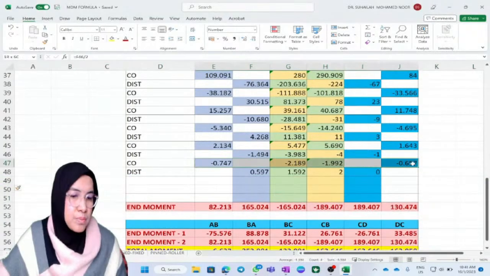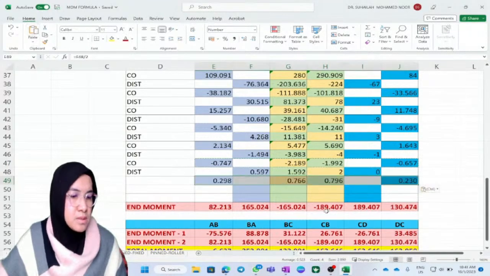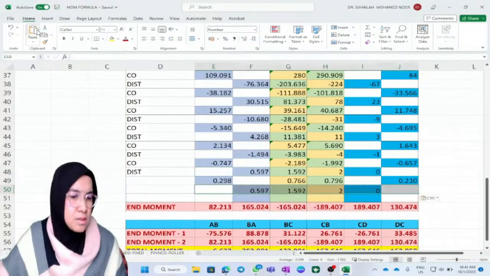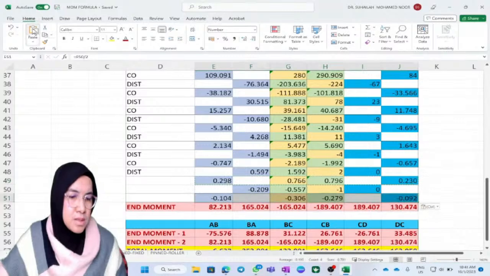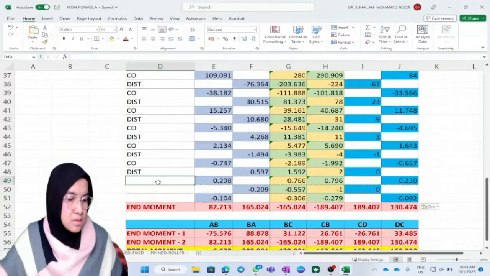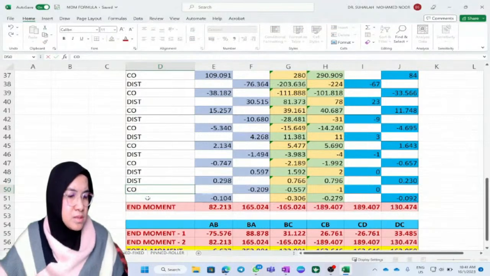Okay, carry over. Distribution. We get 0.2, 0.5. Okay, carry over again. Distribution. Carry over. Distribution.